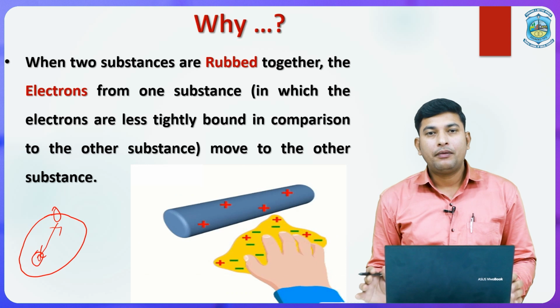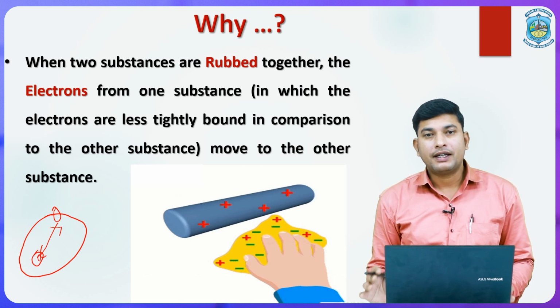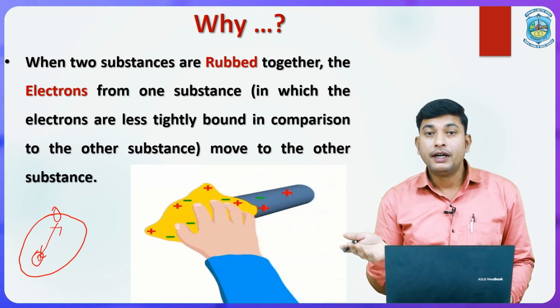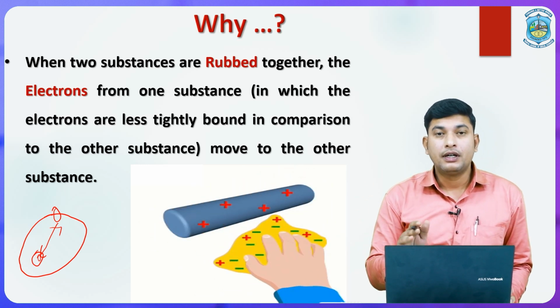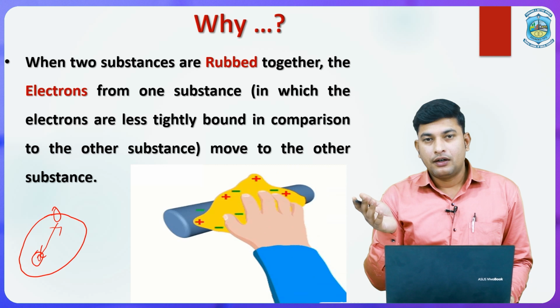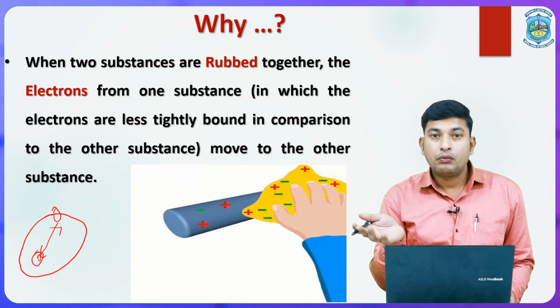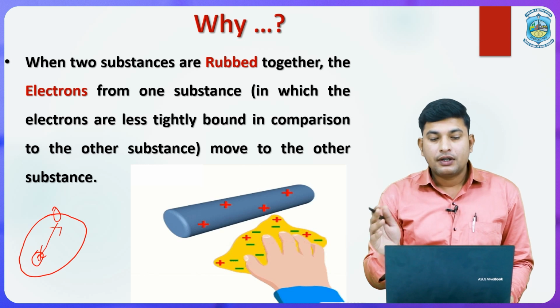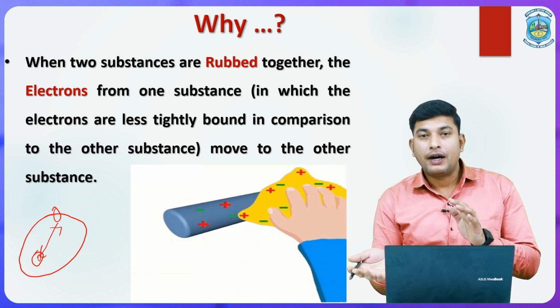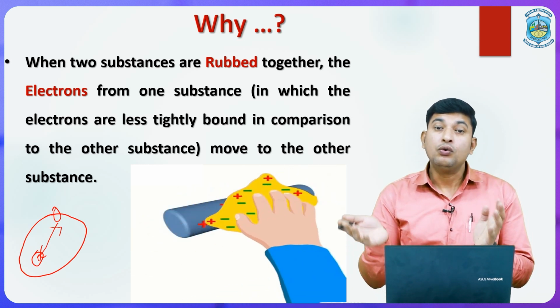So, once we rub these materials with each other, electrons from one object transfer to another object. Because of this, some electrons come out from their outermost orbits and transfer to the other object, which is basically a transfer of charge from one object to another.